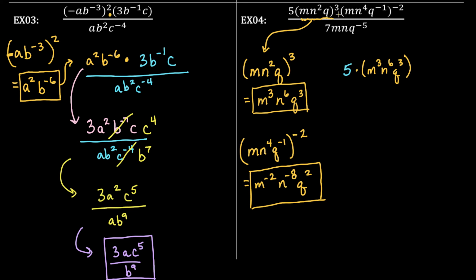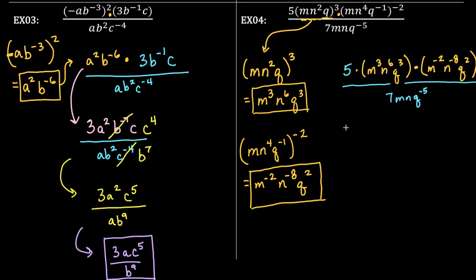And then that times m to the negative second, n to the negative 8th, q to the second. And then that was all over 7m and q to the negative 5th. Okay, let's simplify some of this.